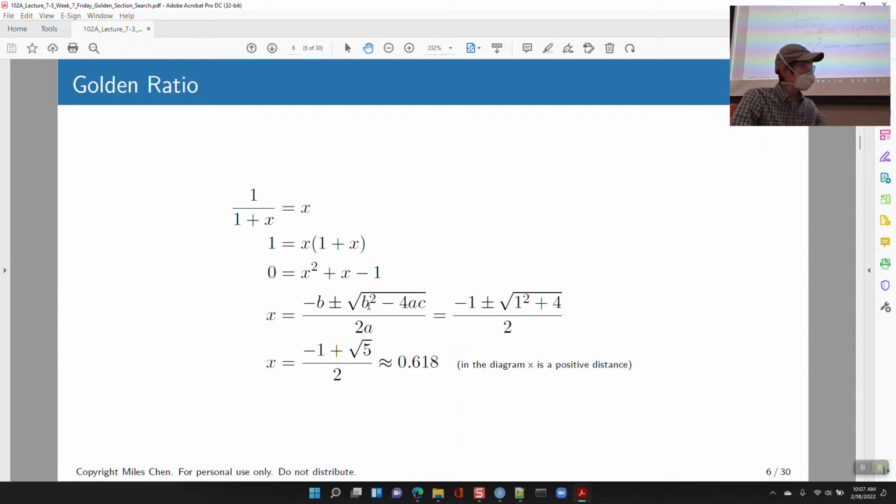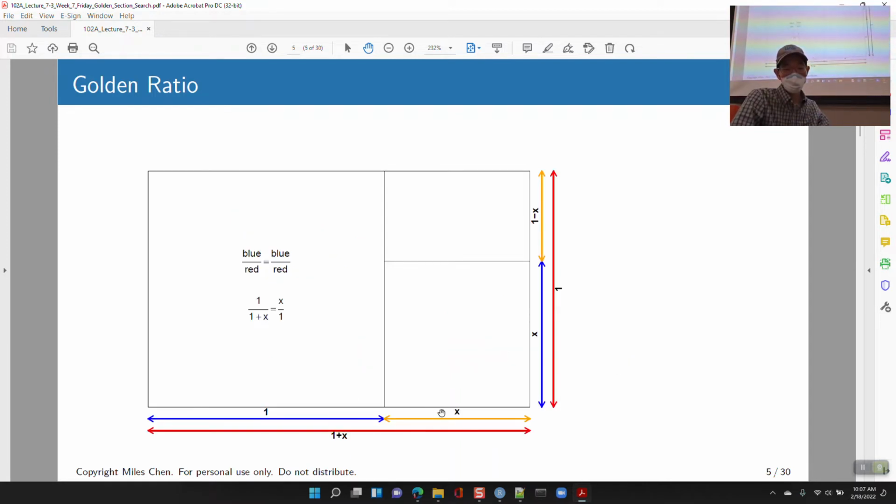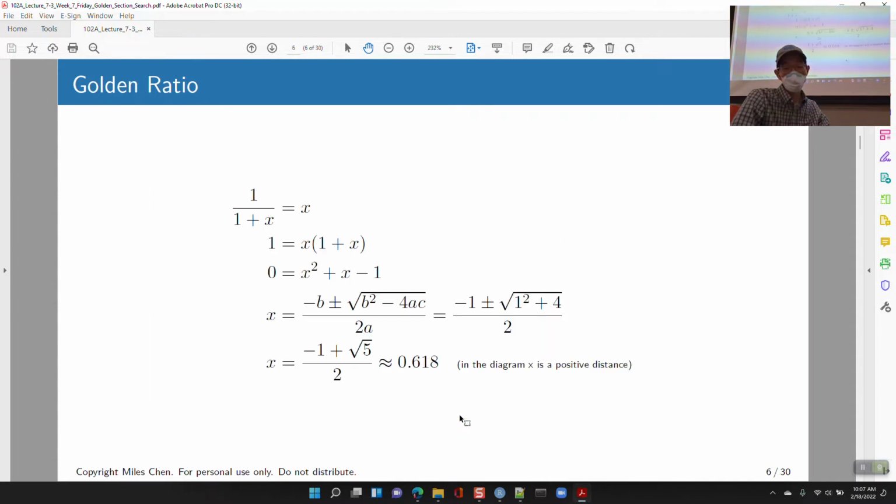Using the quadratic equation, x is equal to negative 1 plus or minus the square root of 1 squared plus 4, over 2. So we have negative 1 plus or minus the square root of 5 over 2. If you look at the picture, x is a positive value, so we take the plus. In this case, x is about 0.618.